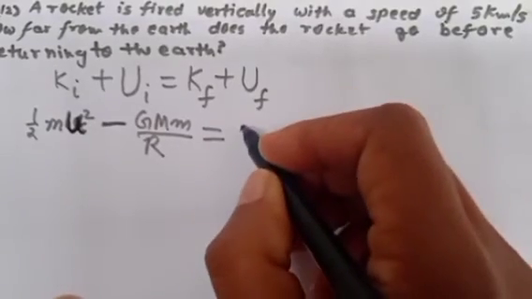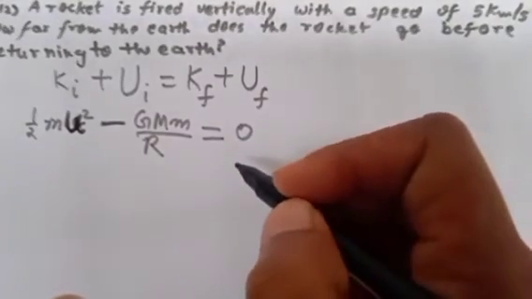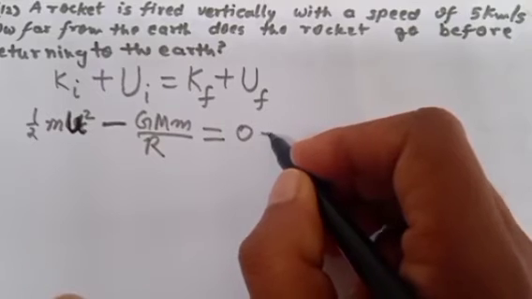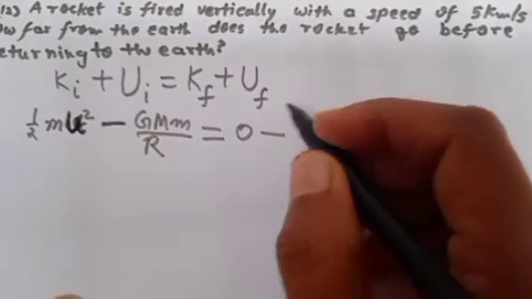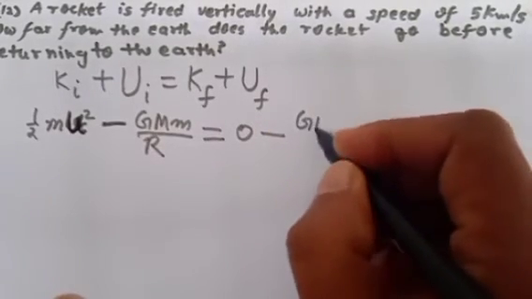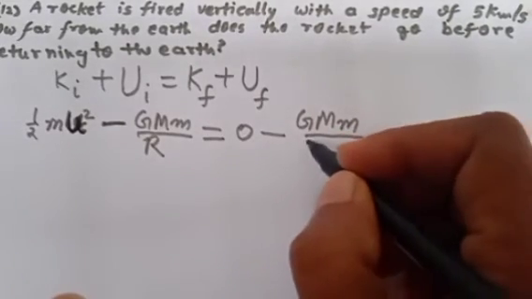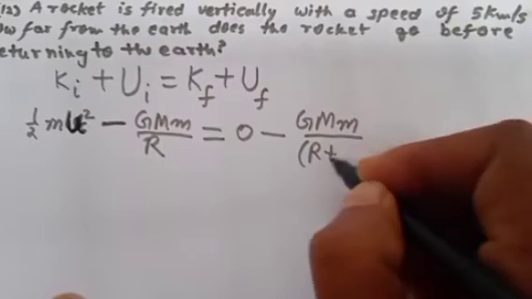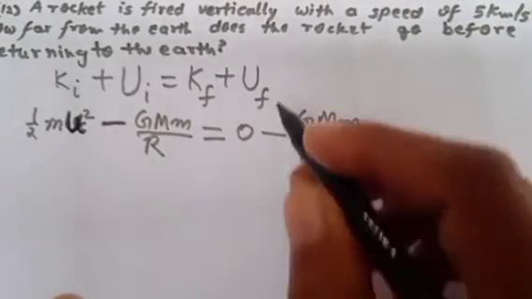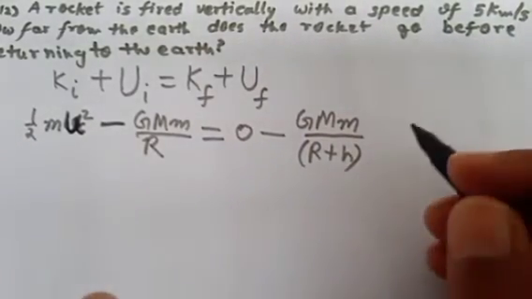At the topmost position it will stop there, so kinetic energy is 0, but there is some potential energy, minus GMm upon R plus h, at height h. I hope this is not a big deal here.